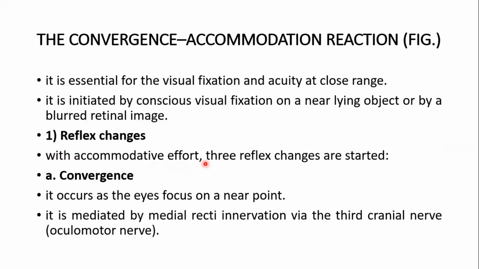With accommodative effort, 3 reflex changes are started. Number A, convergence. It occurs as the eyes focus on a near point. The eyes will converge. It is mediated by medial recti innervation via the third cranial nerve, which is the oculomotor nerve.